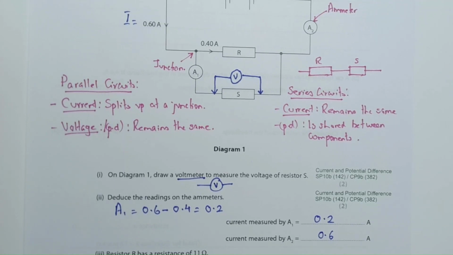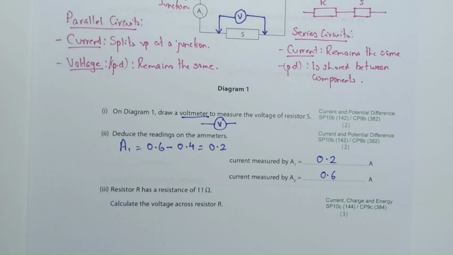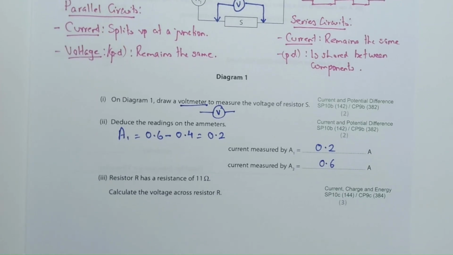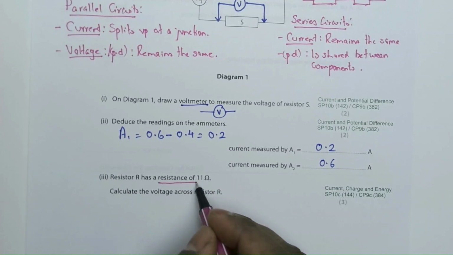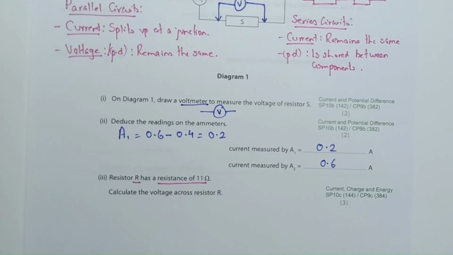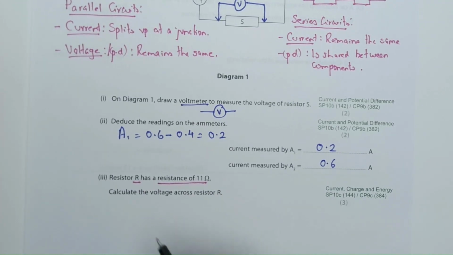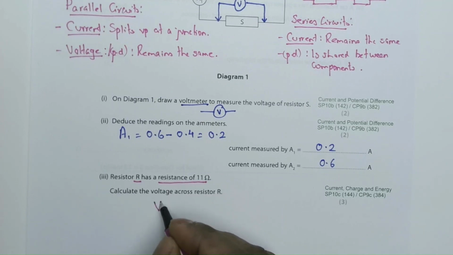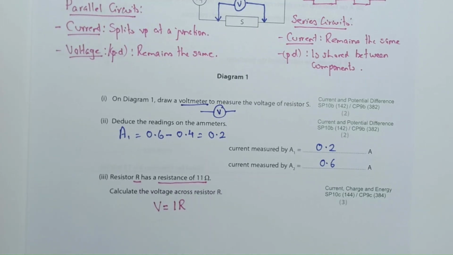Resistor R, part 3 of question 3. Resistor R has a resistance of 11 ohms. Calculate the voltage across resistor R. So how do you calculate the voltage? We use the Ohm's law equation, V equals IR. The voltage is what we are trying to calculate.